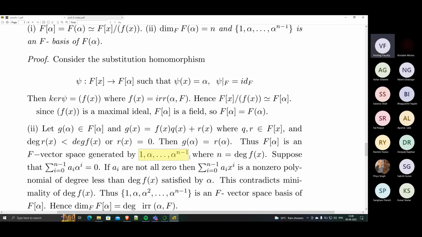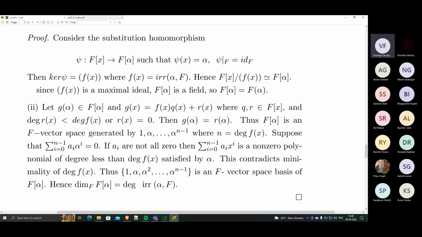Now we want to say that it's a basis, so let us also prove linear independence. Suppose we have a linear combination, the sum of a_i alpha raised to i. If this is a non-zero linear combination, then the corresponding polynomial, the sum of a_i x raised to i, is a non-zero polynomial of degree at most n minus 1 that vanishes at alpha. But n is the degree of alpha. n is the smallest degree of a monic polynomial that vanishes at alpha.